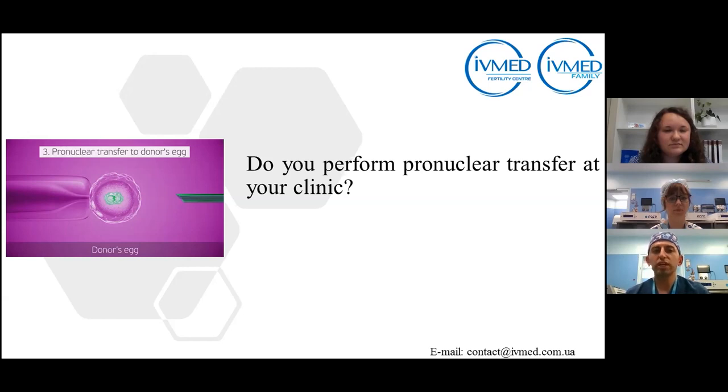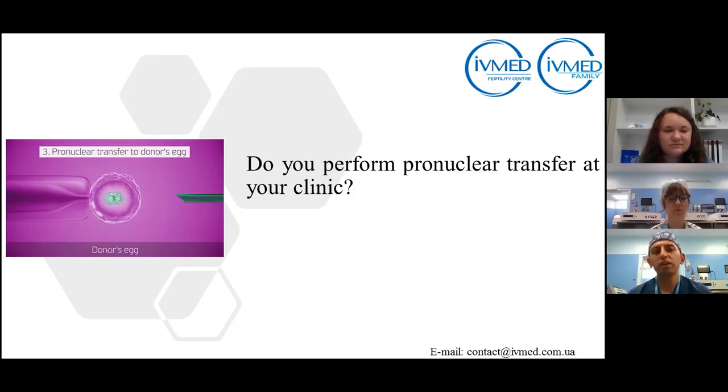For such a case, there is an option to use their own genetic material to carry the pregnancy. So we have the patient's oocyte, her husband's sperm, their own material, and on the other side, a donor oocyte. We fertilize both with the husband's sperm, so both are fertilized with the same genetic material.